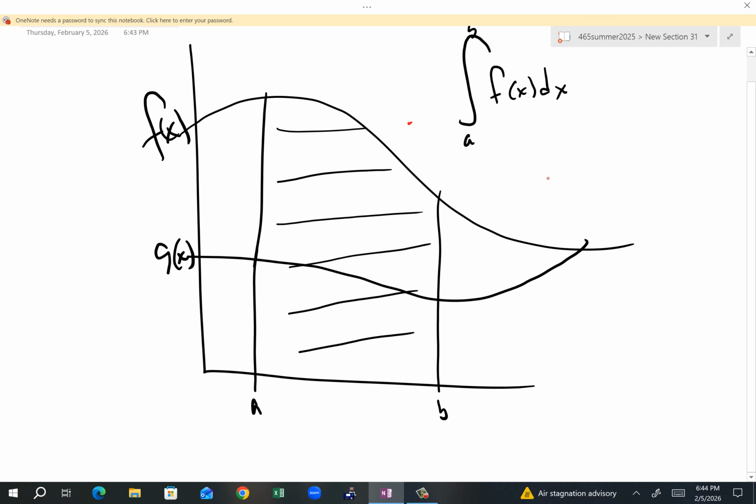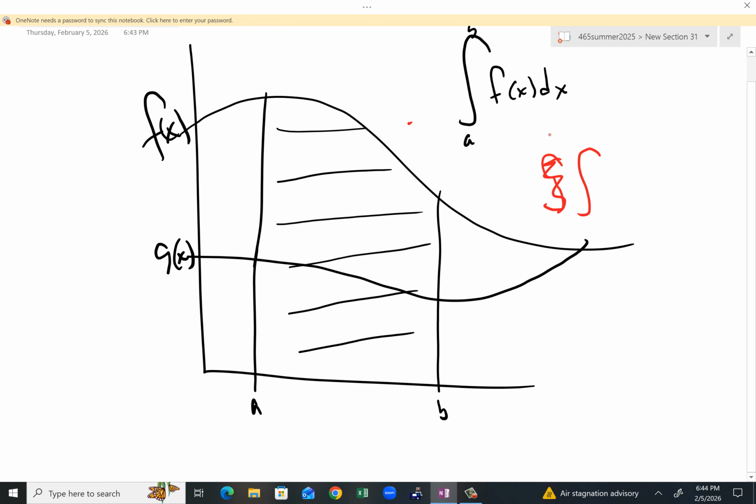If you did the integral of g of x dx from a to b, you would get this region.